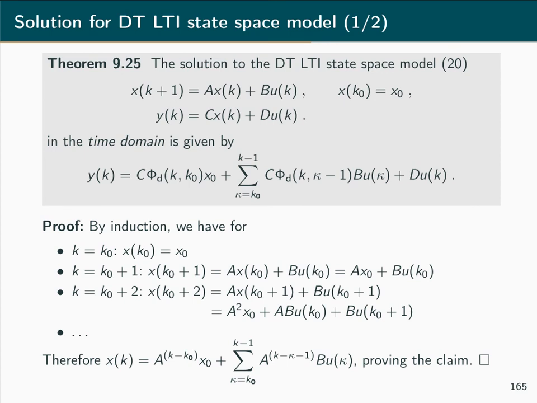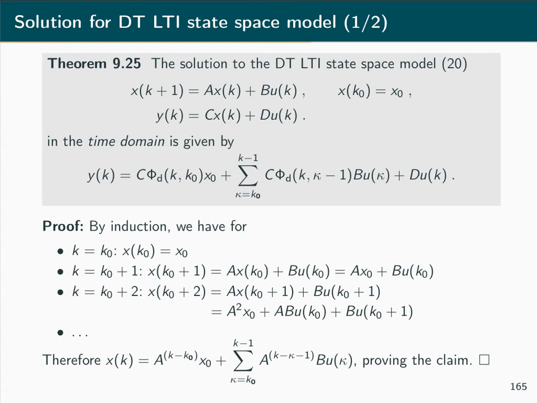Just as for the discrete time autonomous system, this solution formula can be proved by a simple induction. So we start with the state at the time instance k0, which is equal to x0 according to the initial condition. And then we calculate the next state x at time k0 plus 1 by using the system equation.